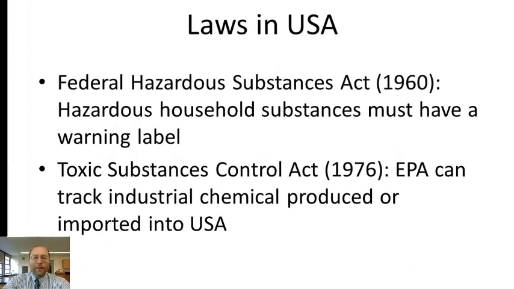Another law is the Federal Hazardous Substances Control Act of 1960, and that means that the hazardous household substances must have a warning label. And the Toxic Substances Control Act of 1976 allows the EPA to track industrial chemicals produced or imported into the United States.